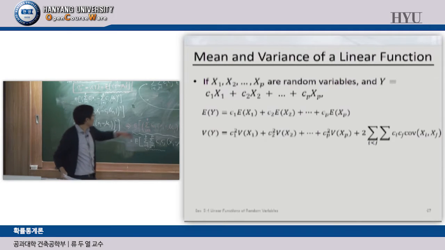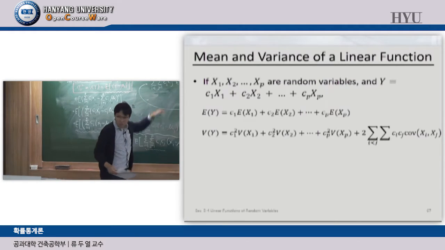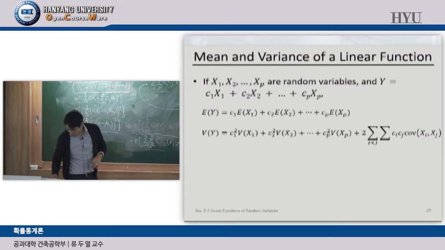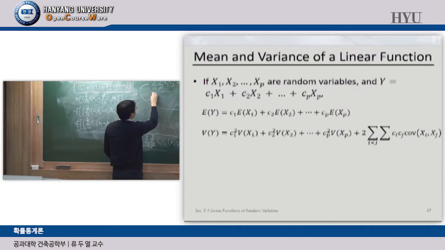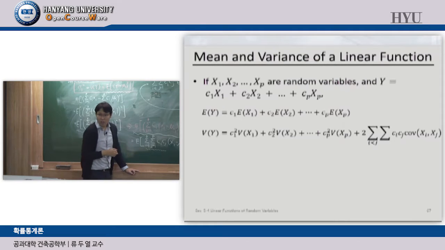Okay? Because this is the constant, for this case, we have two options. The first one is when i is equal to j, and the second is when i is not equal to j.